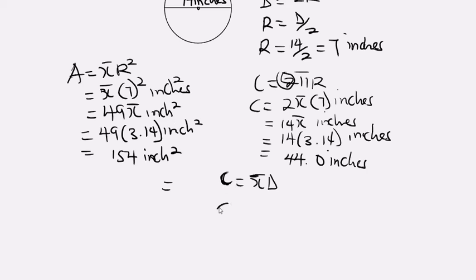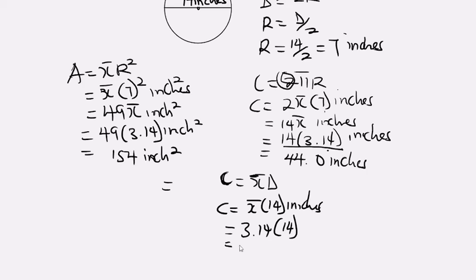So now let's see. In this case, if you use the formula C equals pi d, our solution will be pi times the diameter. In this case, the diameter is 14 inches. So we know that the pi value is 3.14 times the 14 inches. So we are getting to this stage again.